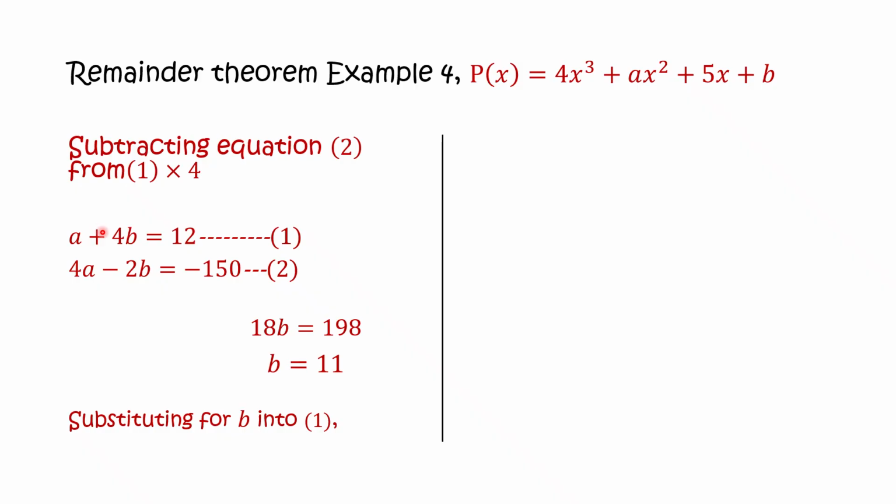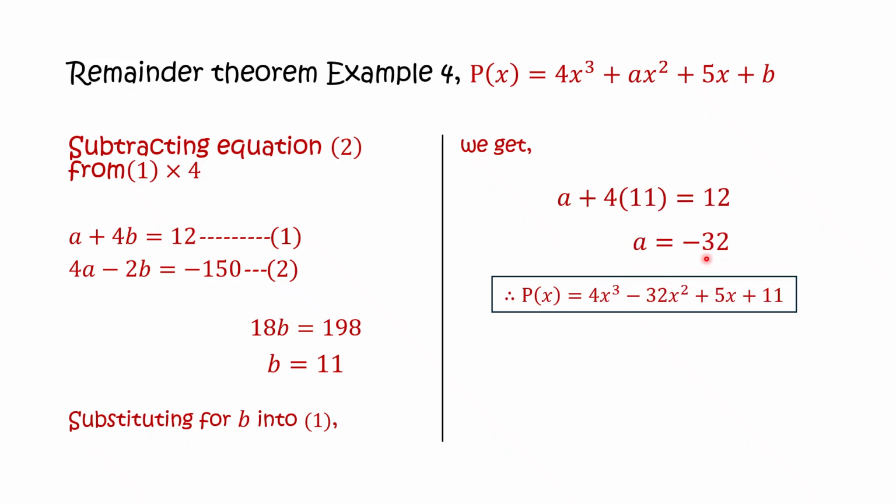Then 4b times 4 minus 2b would give 18b. 4 times 12 minus 150, we get 198. b is equal to 11. Substituting for b into 1, we get a is equal to minus 32. Now, it was as easy as that. So the polynomial we were looking for is that.